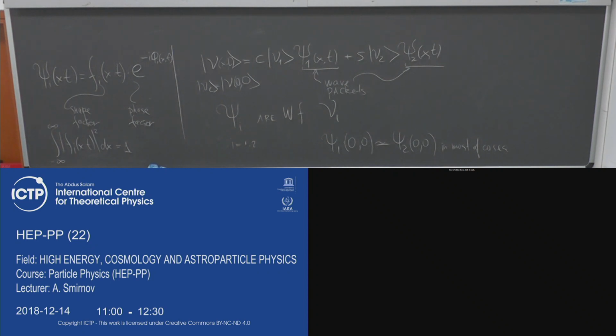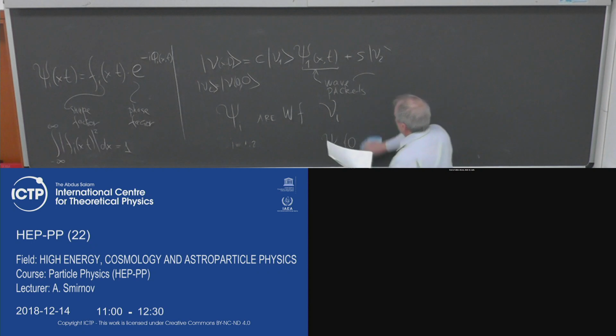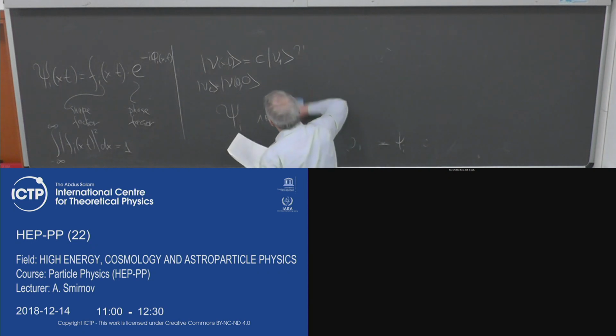And in most of the cases, these shape factors are the same for nu1 and nu2. The shape factor, in turn, is a function of a certain combination of time and distance.